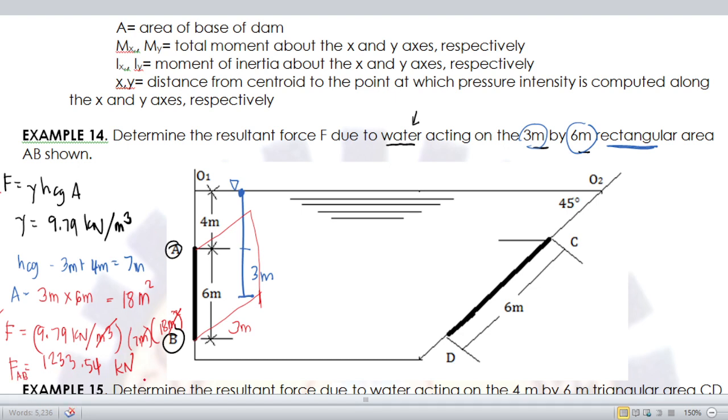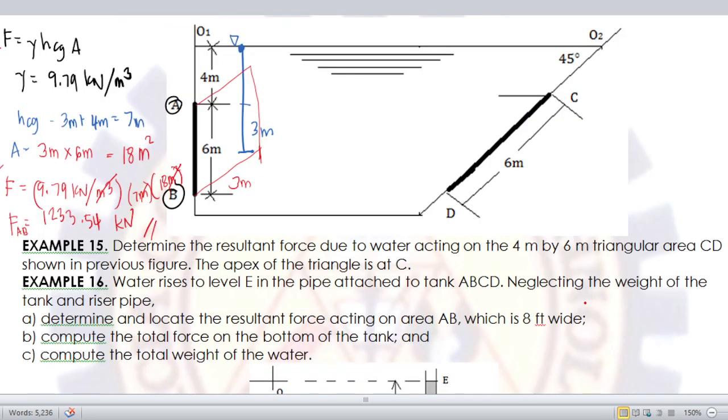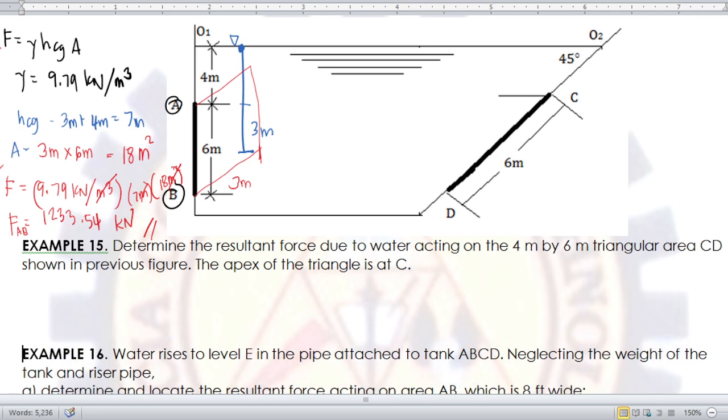So again, this is the answer for example 14. Now, how about example 15? For example 15, we have the same given. Take note, class, we are given the same figure, but we are asked for a different force.